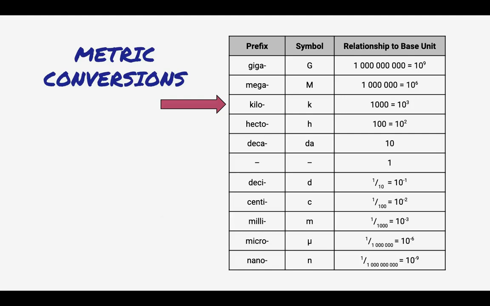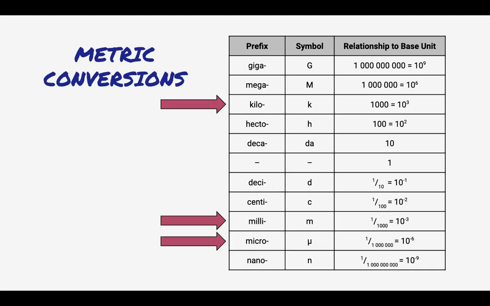And then the other ones that are important, particularly for this course, is milli. This is 1/1000th of whatever the base unit is. So for meters, for example, there are 1,000 millimeters in a meter.